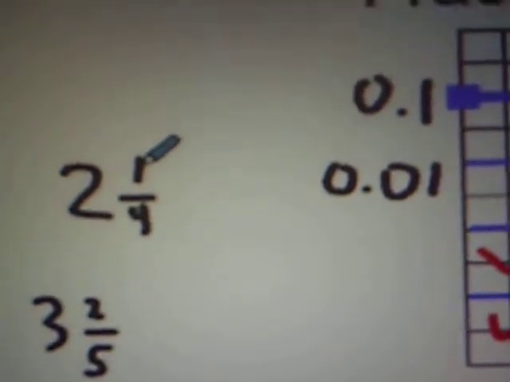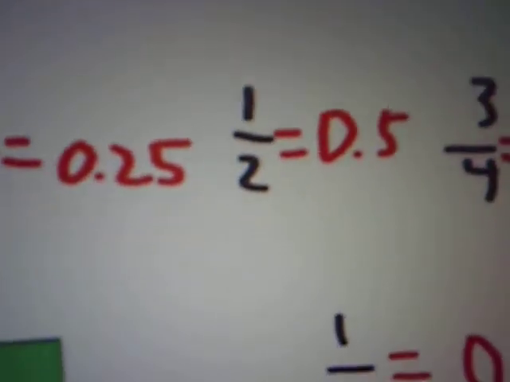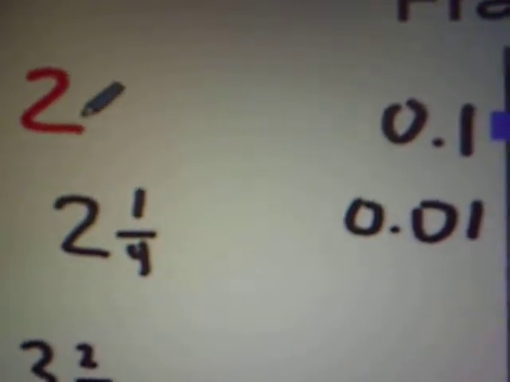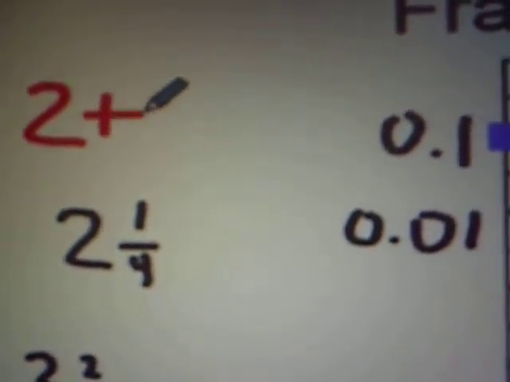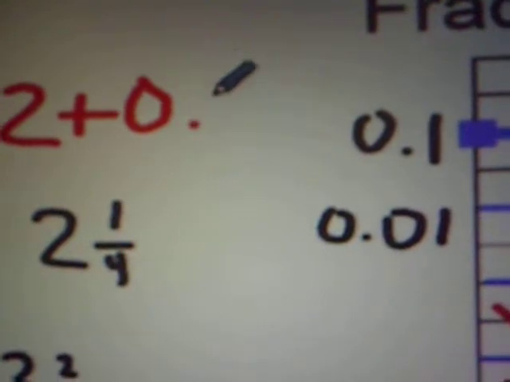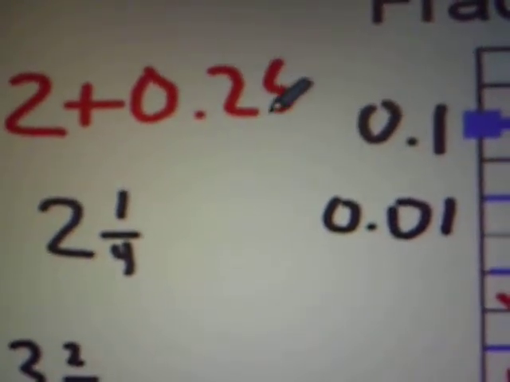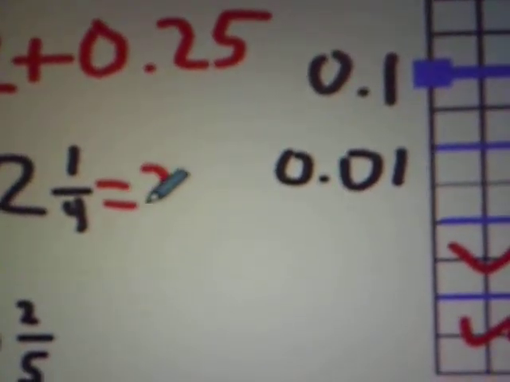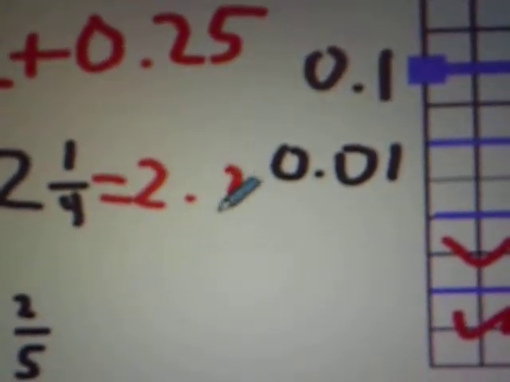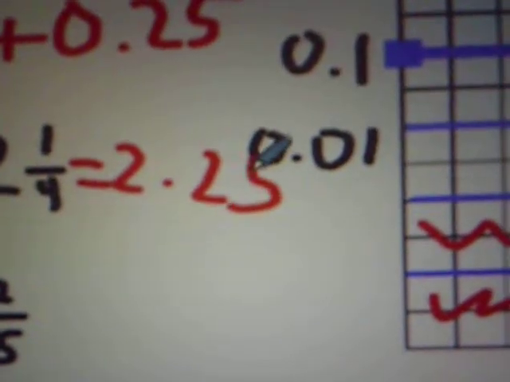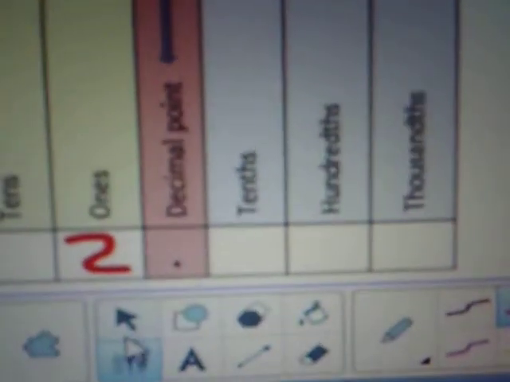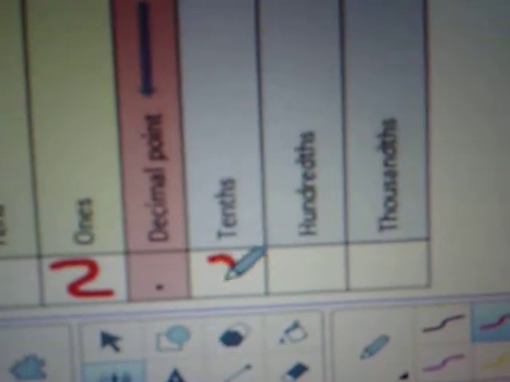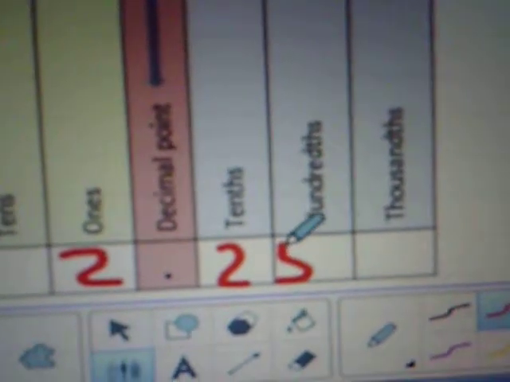Well, you can take the calculator and do 1 divided by 4, and you'll get 0.25. So if we take our 2 wholes and add 0.25, you will get 2.25. 2/10 and 5/100.